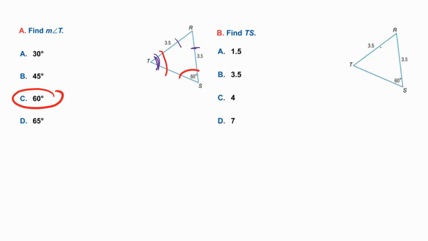We're told that this is congruent to this. This is 60 degrees, which makes this 60 degrees, which would also make this 60 degrees. So all three sides are congruent. All three angles are congruent, so since it's equiangular, it has to be equilateral. So it would be 3.5.